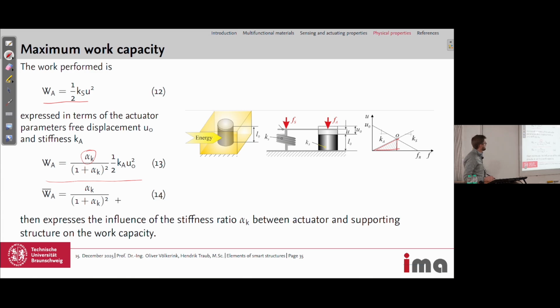Then we have an equation for the work capacity, or the maximum work performed, which depends on properties of the actuator, the spring stiffness of the actuator and the free displacement, and the stiffness ratio alpha K between the structure and the actuator. And the part in front we could also name as WA with an overline.